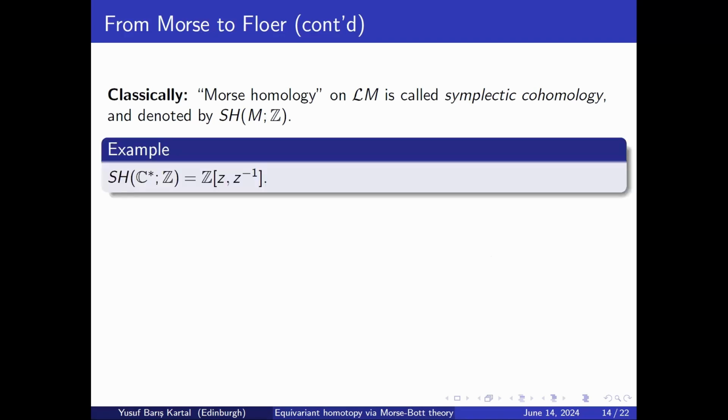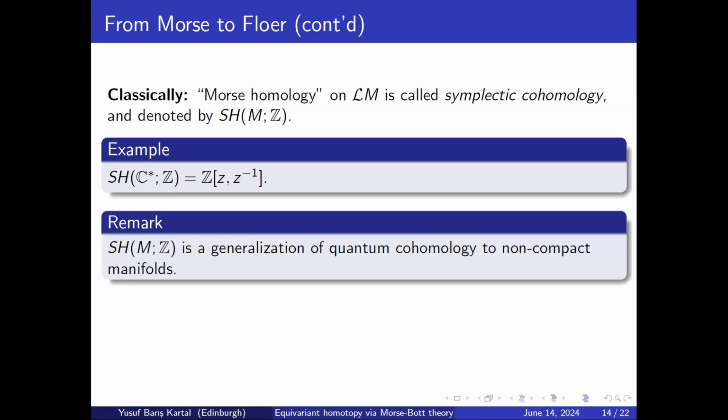So you can think of this as a homology theory on symplectic manifolds. The example is, if you consider the cylinder and take its symplectic cohomology, you get this ring. So, this is just a side remark, but this guy may look very alien for a second, but it's actually a generalization of quantum cohomology to non-compact manifolds.